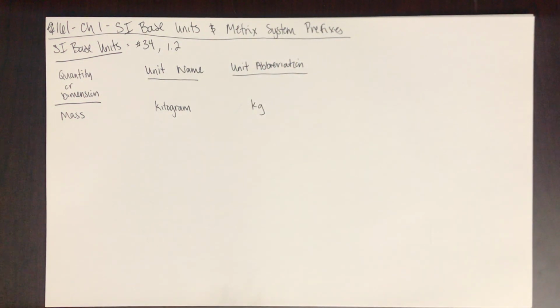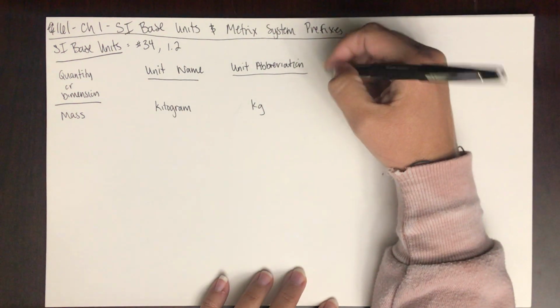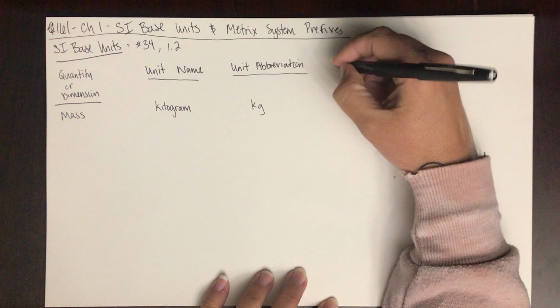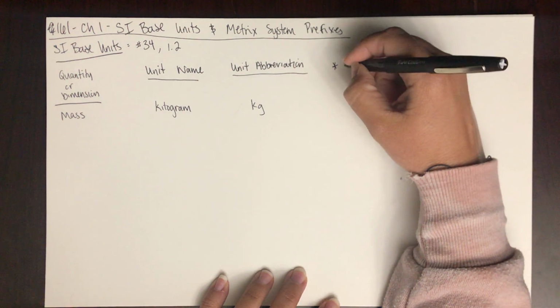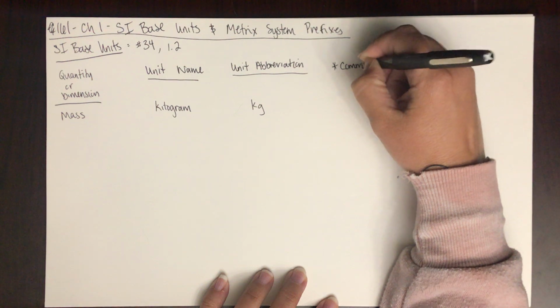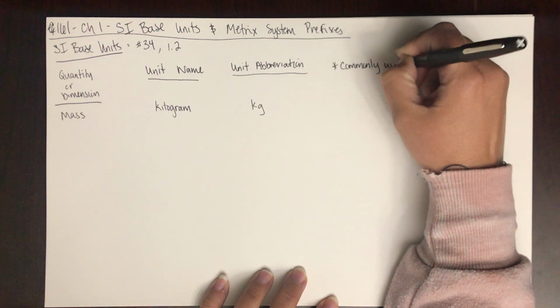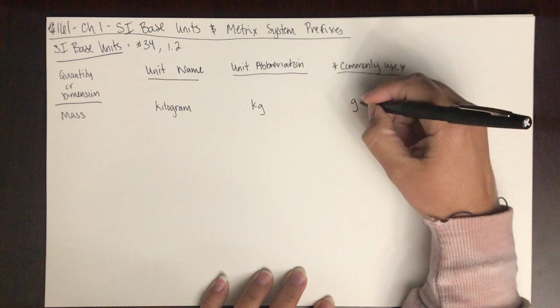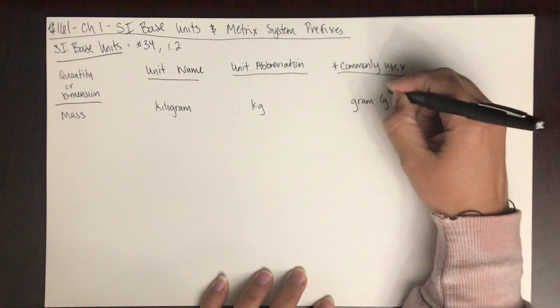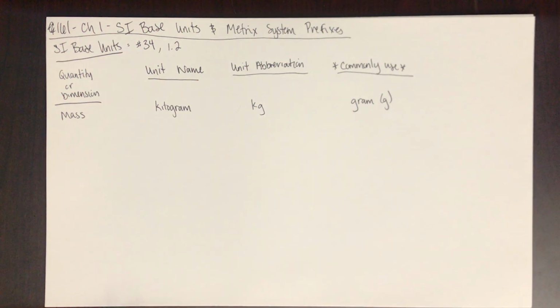I'm also going to put another column here, which is not anywhere else, and I'm just going to call this what we will commonly use. And for us, we commonly will use a gram. And the abbreviation for gram is just g when we're talking about mass.